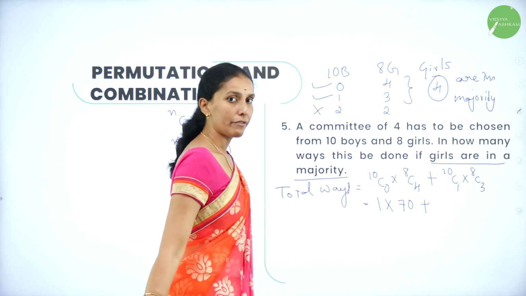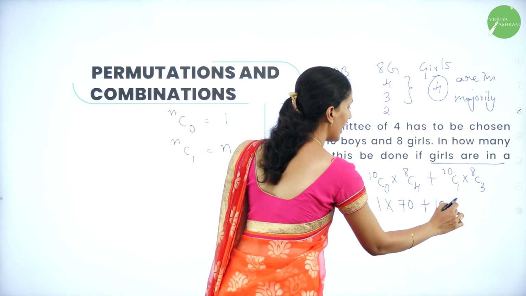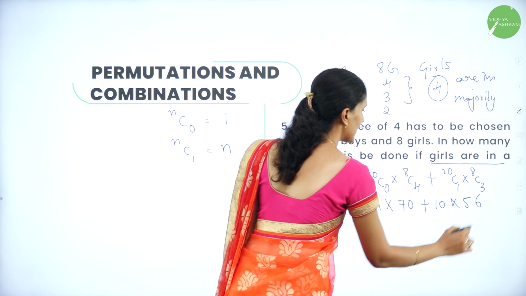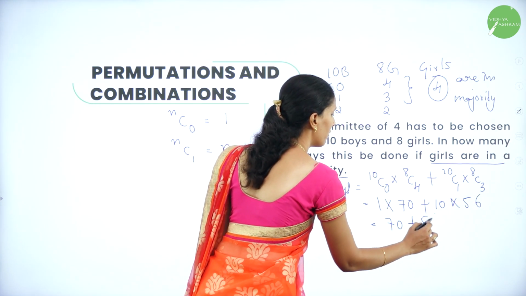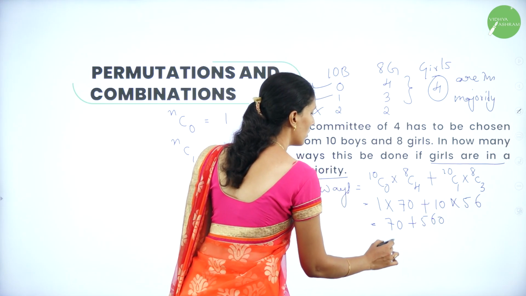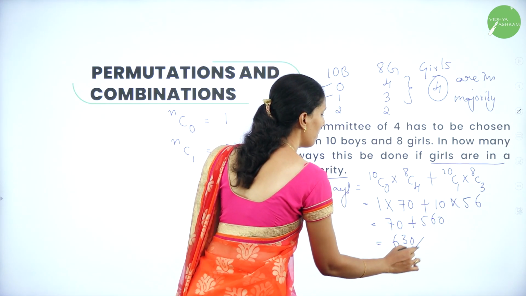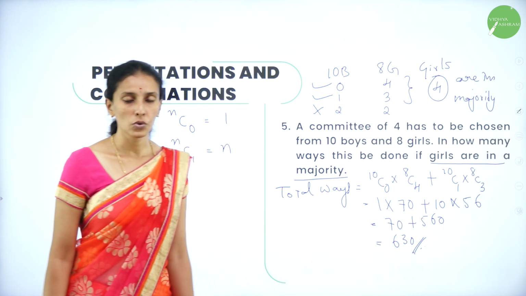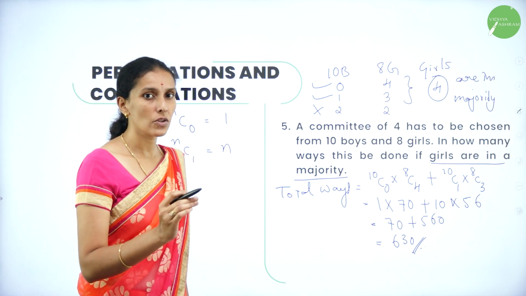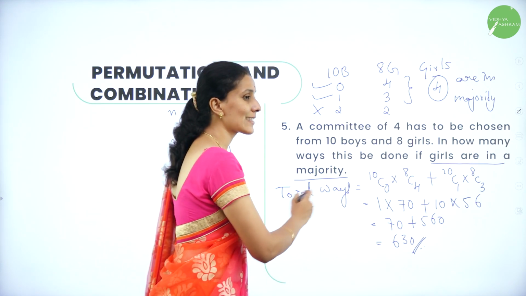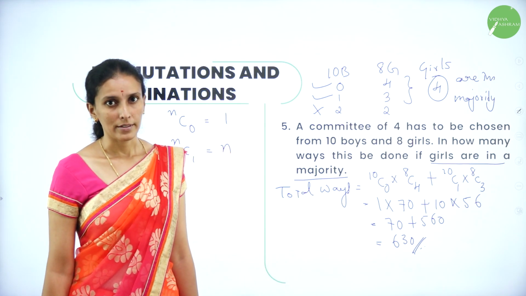And my 10C1 is 10 and 8C3 is 56. So when you multiply, you will get 70 and 560. Therefore, it will be 630. So we can choose 4 members for the committee, where girls are in majority, in 630 ways.